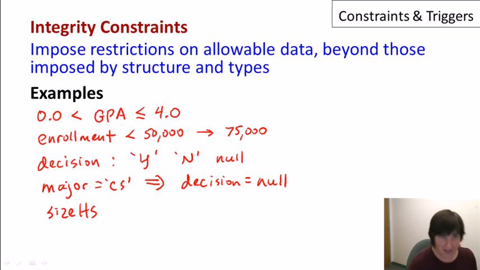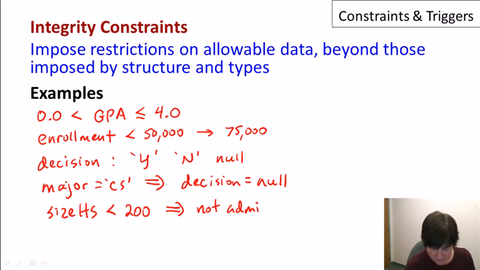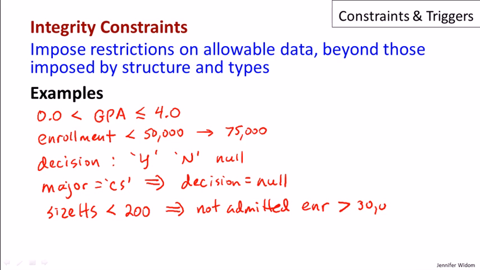So we might say if the size of the high school is less than 200, then if they're admitted, well, let's say they're not admitted to a college where the enrollment is greater than 30,000, let's say. Of course, we wouldn't do that in reality, but this just gives you an idea of the fairly complicated expressions we can write as constraints to limit what the allowable data is in the database.